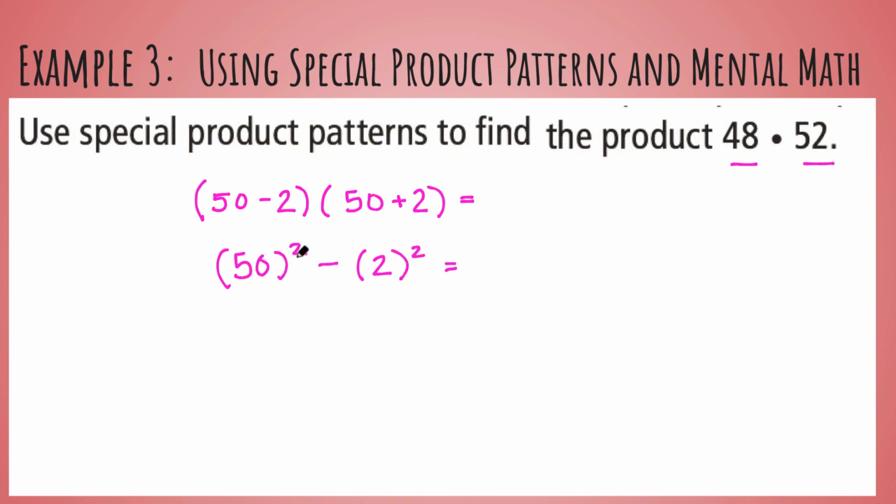So 50 squared, well, that's just 5 times 5, which is 25, and then we're going to add on 2 zeros, and then we're subtracting 2 times 2, which is 4. And when we do this, we get 2,496. So by recognizing a pattern, we're able to mental math this product pretty quickly.